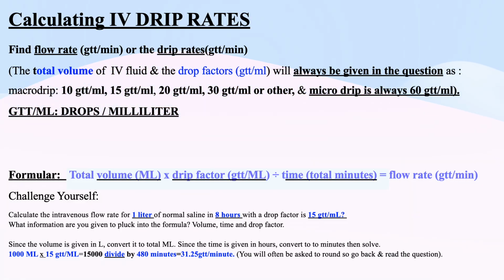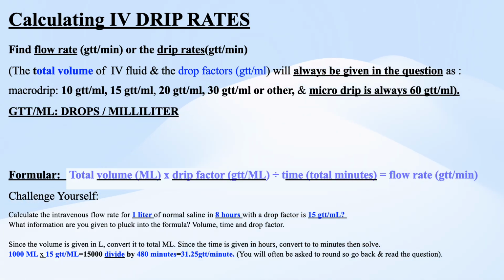The volume here is 1 liter, but we have to convert 1 liter to ml, so that will make it 1000 ml. According to the formula, multiply that by the drop factor. The drop factor here given to us is 15 drops per ml. Life is easy. Multiply your volume by the drop factor, and then whatever the answer is, divide it all by your total time in minutes.